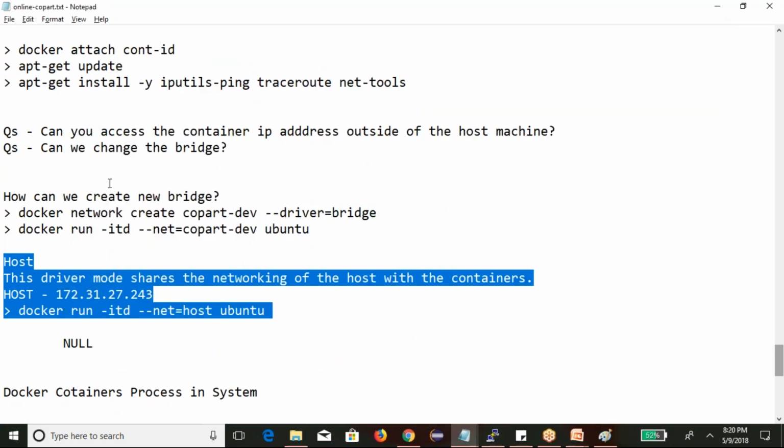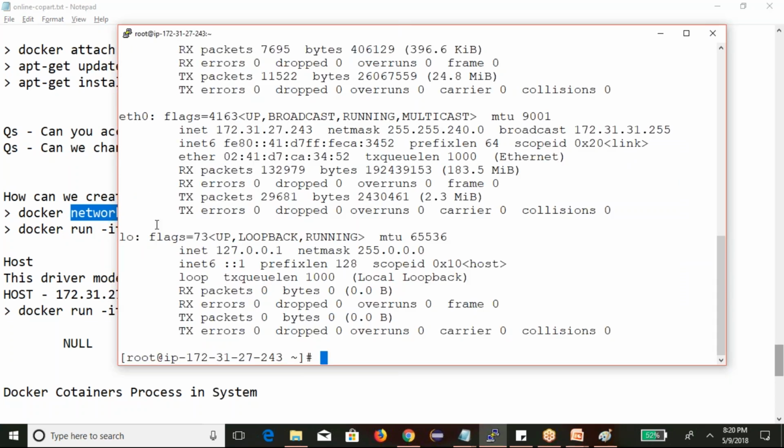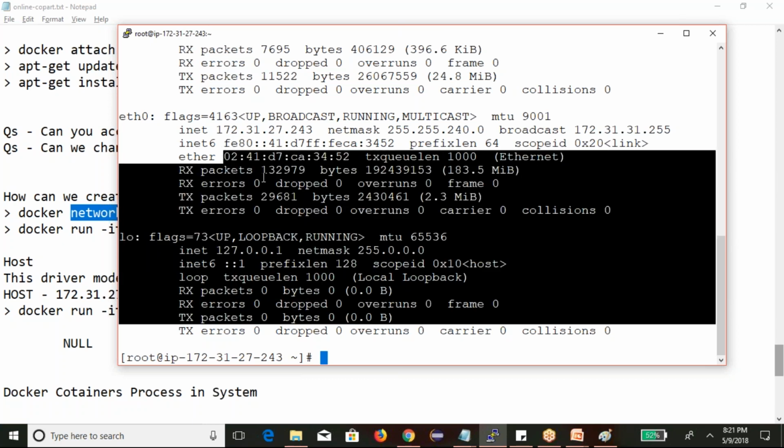Remember, when you go for the bridge driver, it creates the bridge and interface. Each bridge and each interface consumes CPU and RAM, right? Here, there's no bridge created, there's no interface created, so there's no wastage of CPU and RAM.